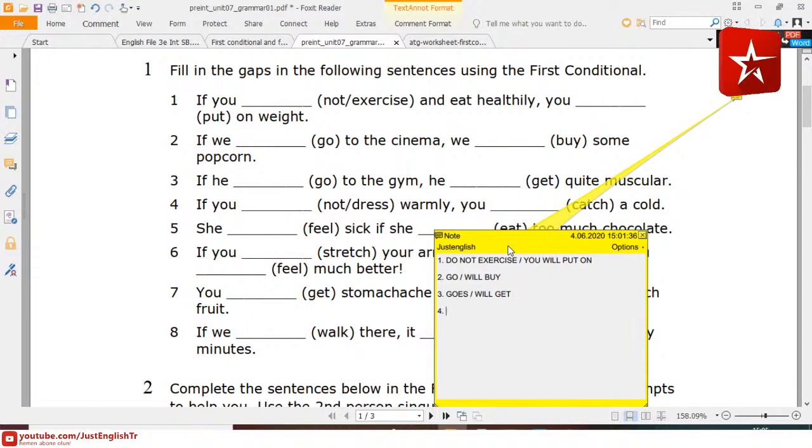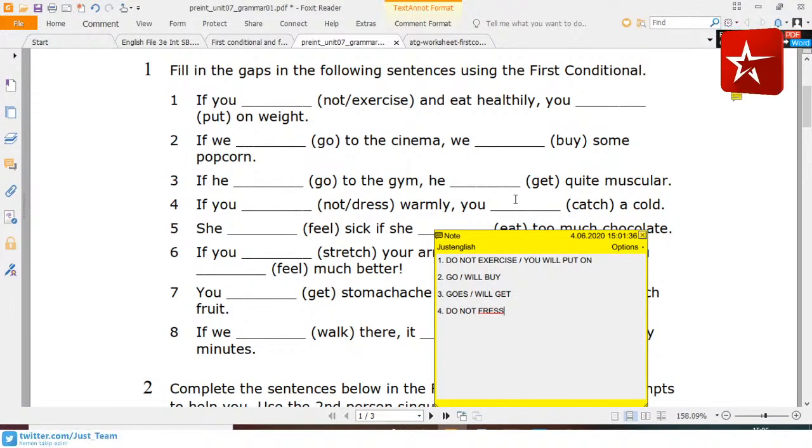So for number 4, if you blah blah blah, this is a negative form. Warmly, you blah blah blah a cold. So Yusufa says don't dress and will catch. Yes, if you don't dress warmly, you will catch a cold.